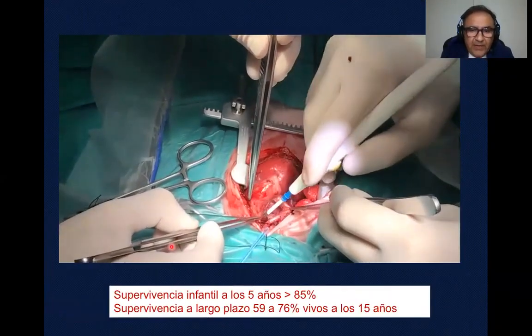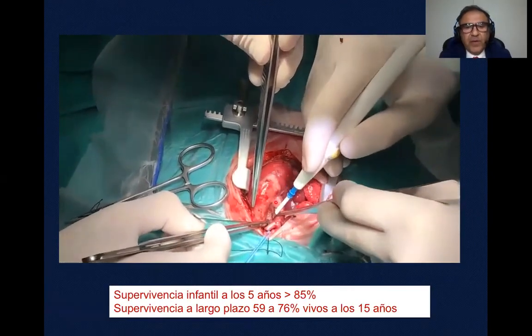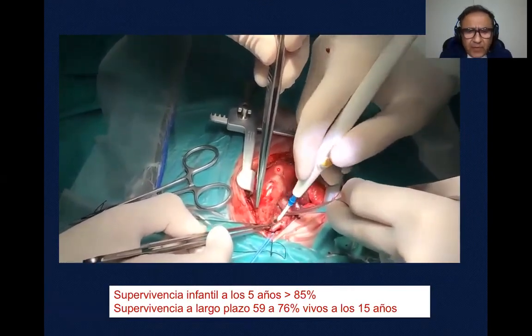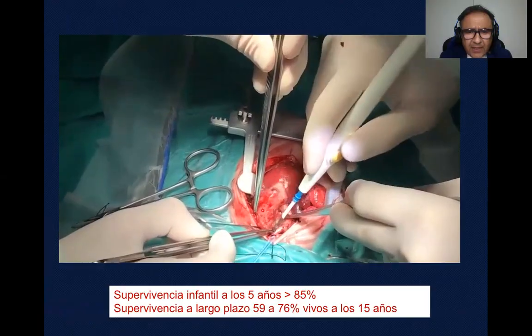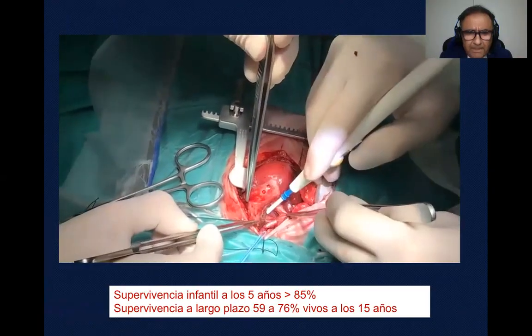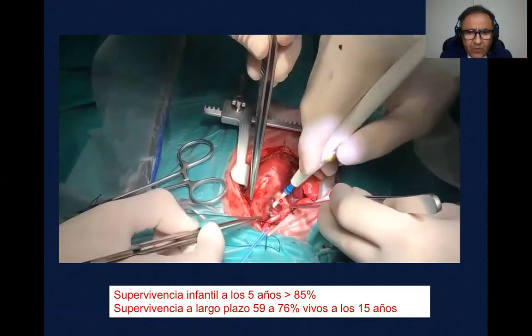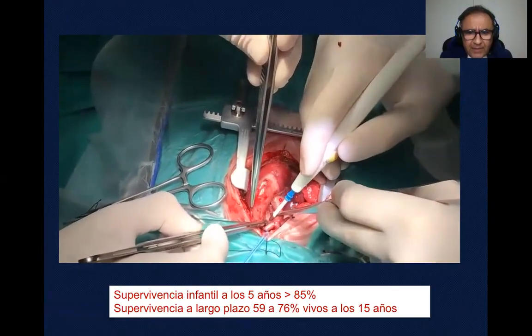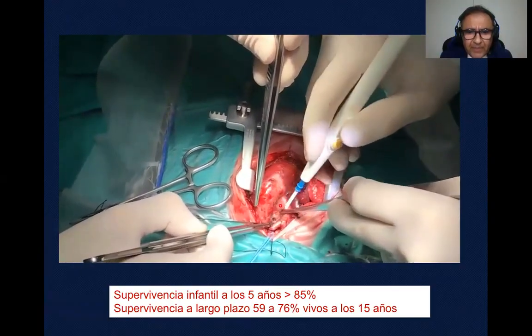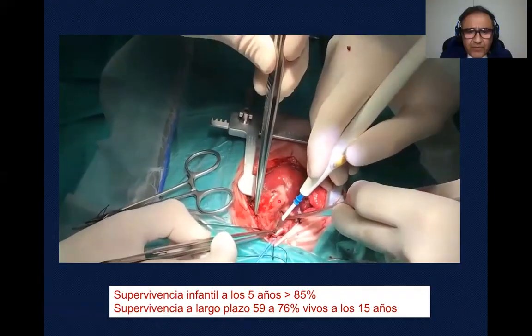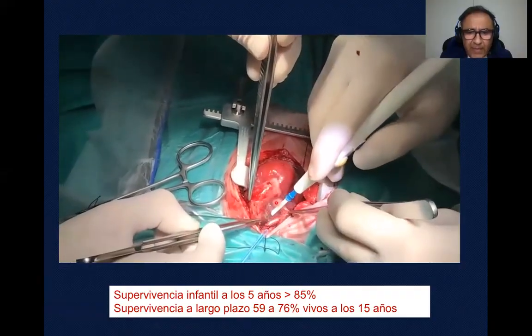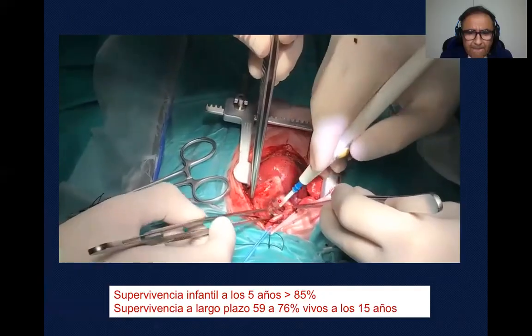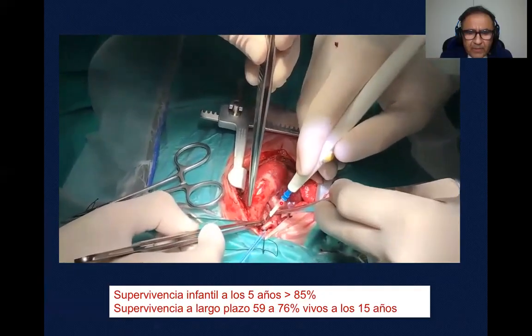This is a surgery for an interrupted aortic arch, where you can see here that a large pulmonary artery emerges from the right ventricle, with a diameter considerably greater than the ascending aorta, which appears smaller, almost half the size, and this is an interrupted arch, a surgery for a type B interrupted arch, where you can see the interruption here.